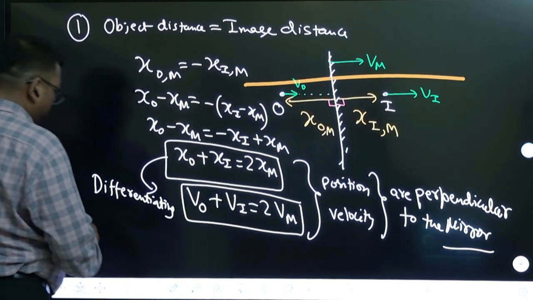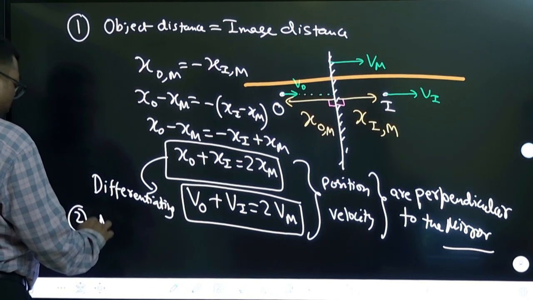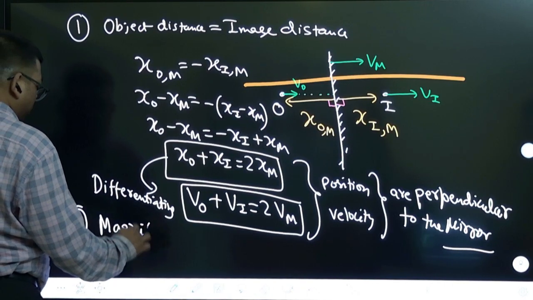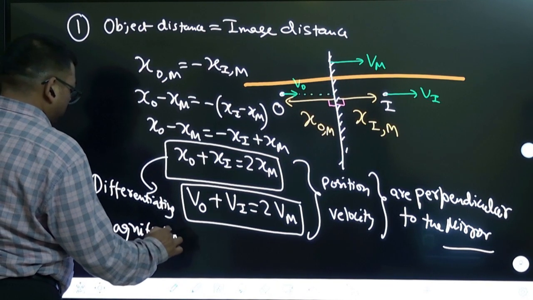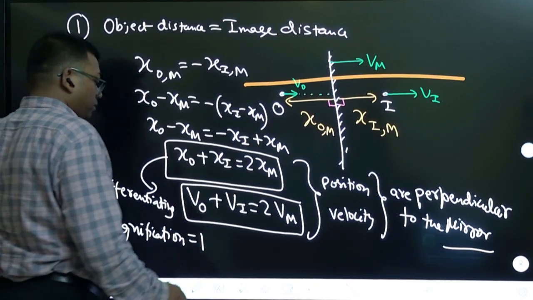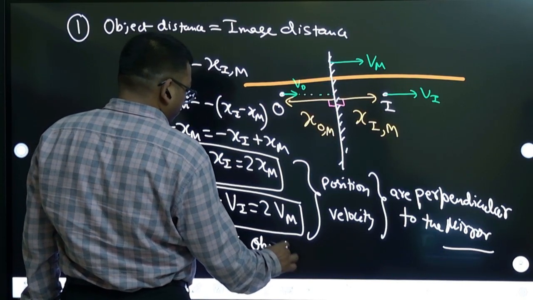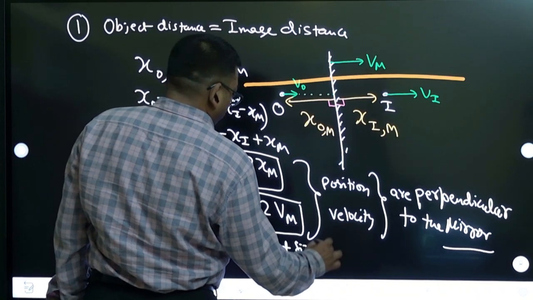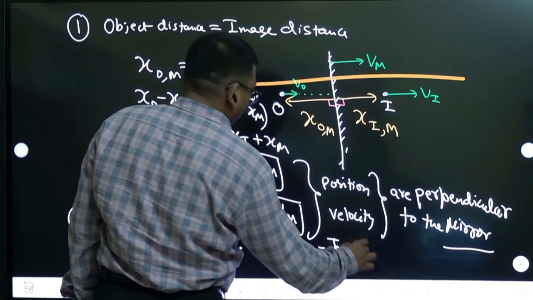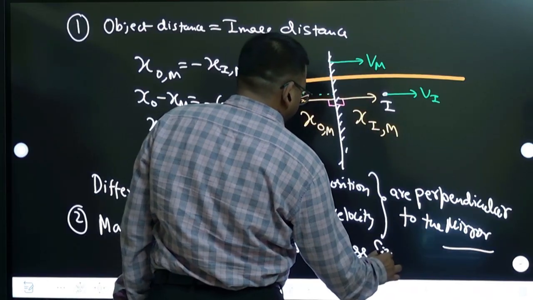The second thing is magnification is equal to 1. That means object size is equal to image size. Image size and object size are the same.